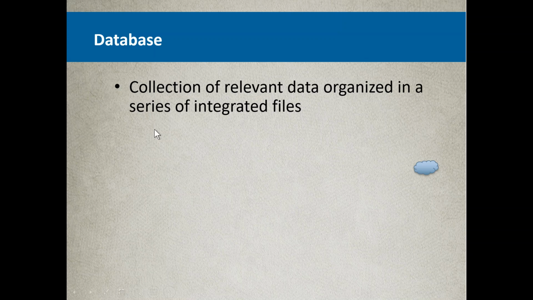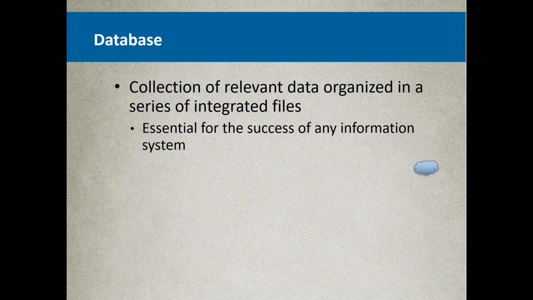Now, what they mean by integrated files is you might have a database that's all the students, and you have another database that's all the courses, and then they integrate those two so they can find out what students are connected to which classes. So that's what they're referring to, which makes up a fully functioning database management system. All right. And this is essential for the success of any information system, that the data structures are set up very carefully, well thought out, organized, and efficient.